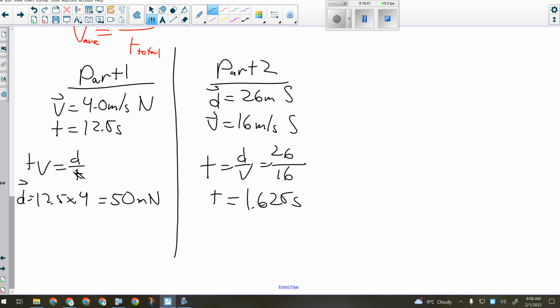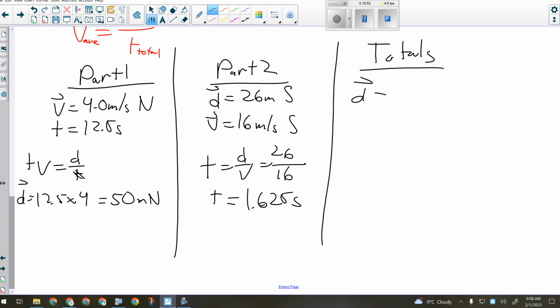All right, so now that I've got the time for both parts and the displacement for both parts, now I can work on those averages and totals. The total displacement: I went 50 meters north and 26 meters south. What's my total displacement, Tom? 24 meters north.